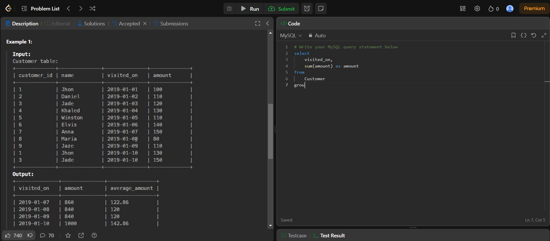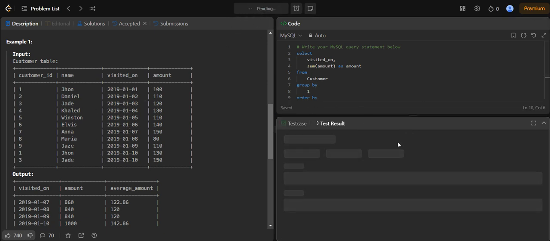I have to do a group by because I am using aggregation. For group by I can simply write 1. I'm also going to do an order by, because when I do the moving average I need the visited_on column, and everything should be in order.